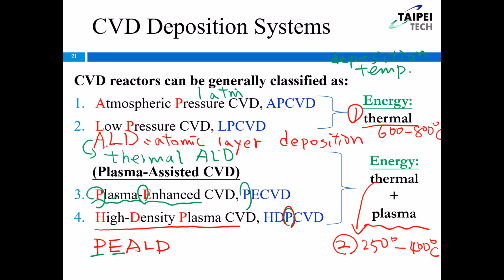That's the reason they need such a high temperature, and this temperature is determined by the precursor. Different precursors have different temperatures. This range is just for your reference, to let you know it requires a much higher temperature than this kind of CVD, okay?